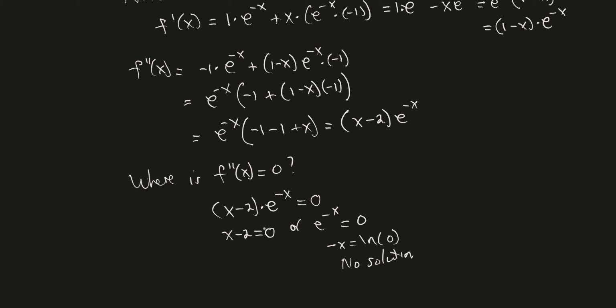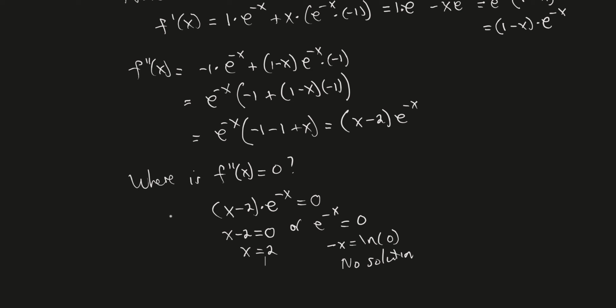So then the only value of x that works is x equals 2. Right? So there's only one value of x at which the second derivative is equal to 0. I don't know if there's actually a sign change there. I have to see if it goes from plus to minus or minus to plus.